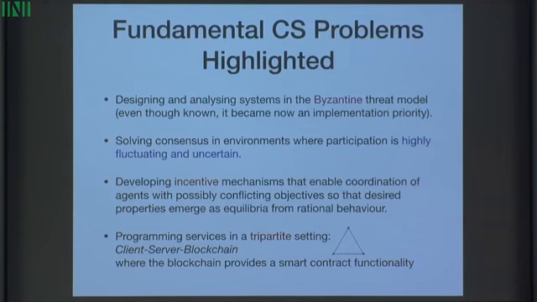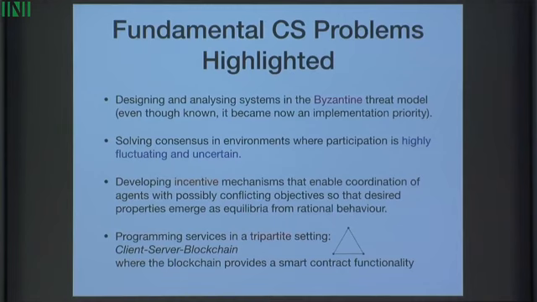The next thing that is intrinsic to the Bitcoin setting is that we want to solve consensus in environments where participation is highly fluctuating and uncertain. I should say this is an interesting question from a theoretical point of view. There are many use cases, many of them that we were discussing this morning, that do not necessarily need consensus on a highly fluctuating and uncertain set of participants.